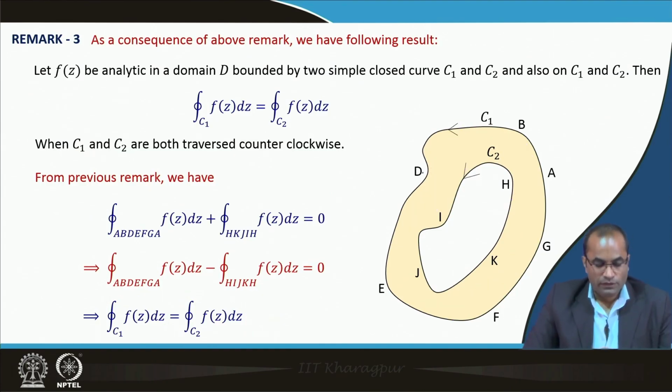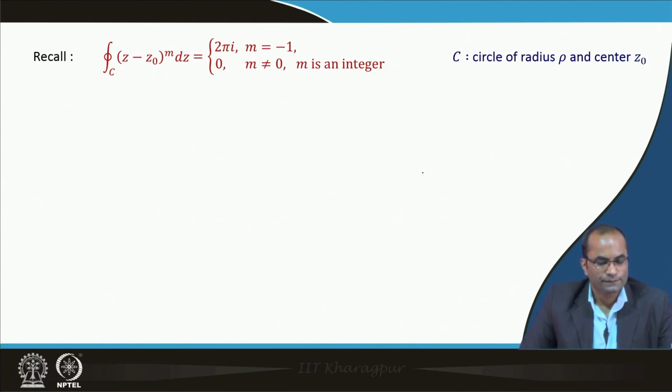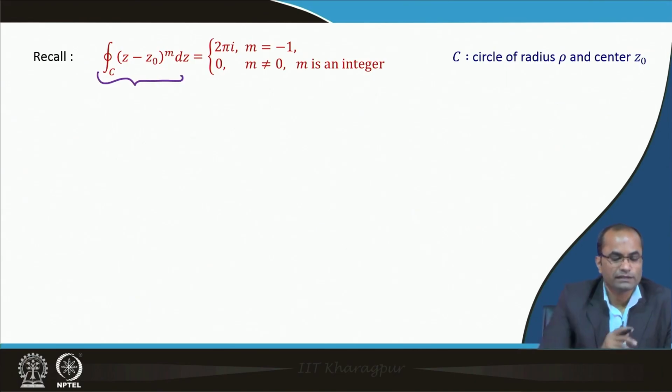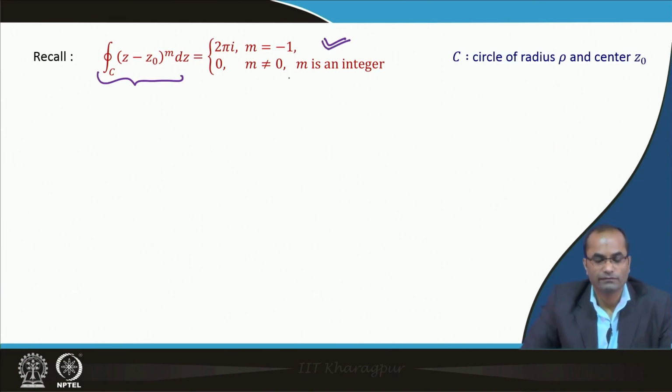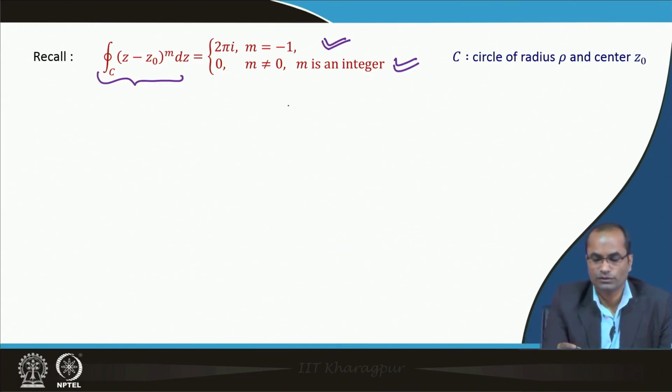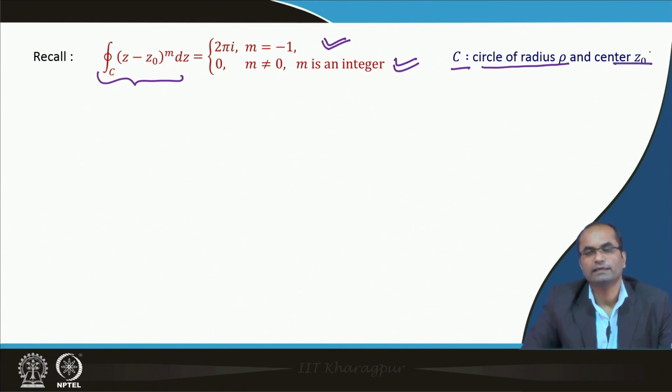Okay. Now moving to the next, there was an important result in the previous lecture where we have seen that the curve integral of z minus z0 to the power m dz had value 2 pi i when m was minus 1, and otherwise, for any other integer m, the value was 0, where C was a circle of radius rho and center z0.